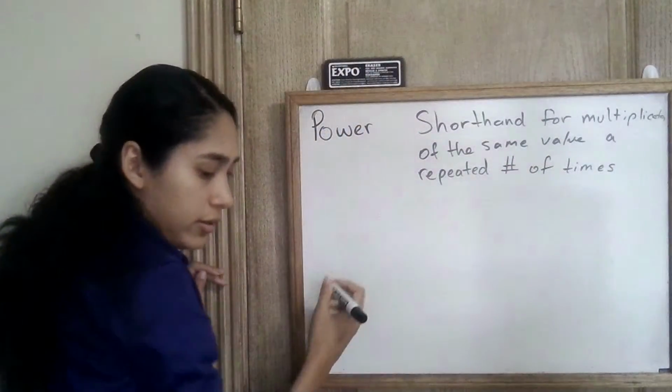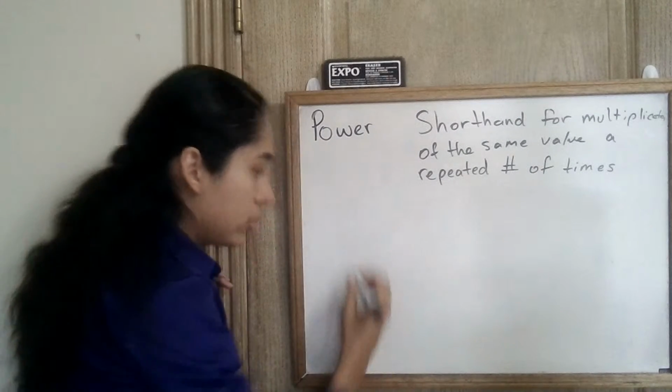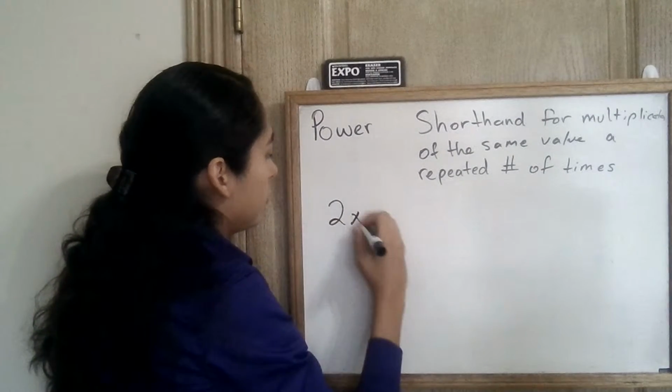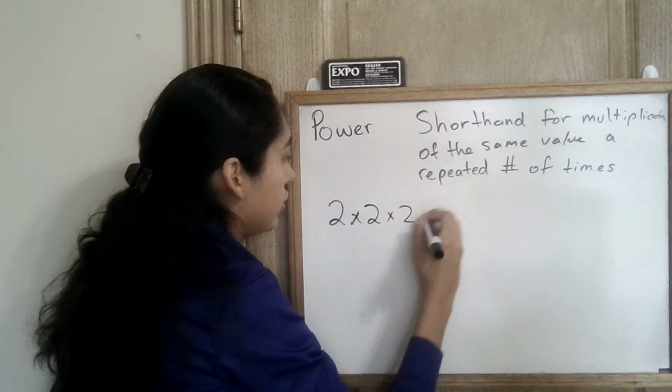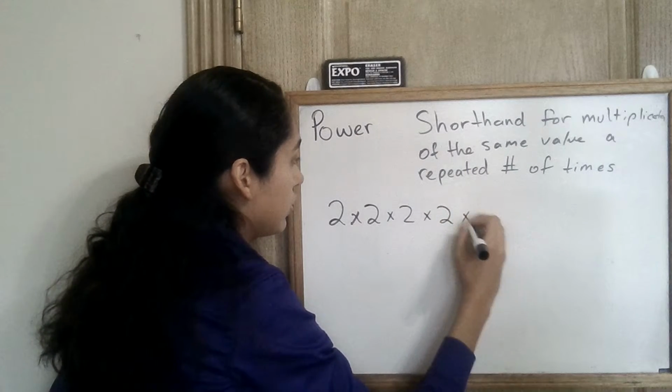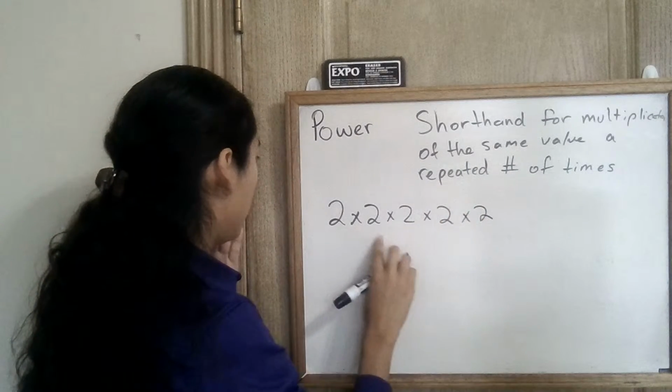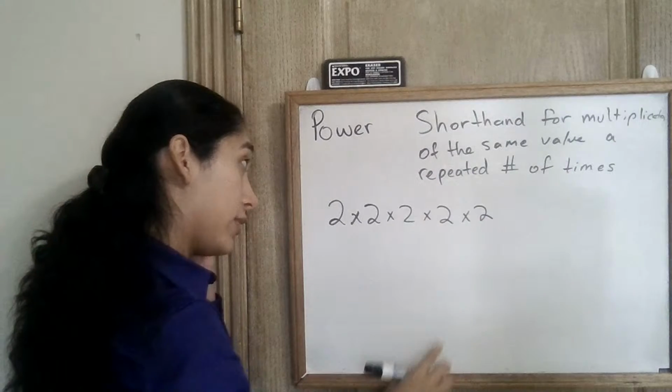So if I have 2 times 2 times 2 times 2 times 2, that's 1, 2, 3, 4, 5.